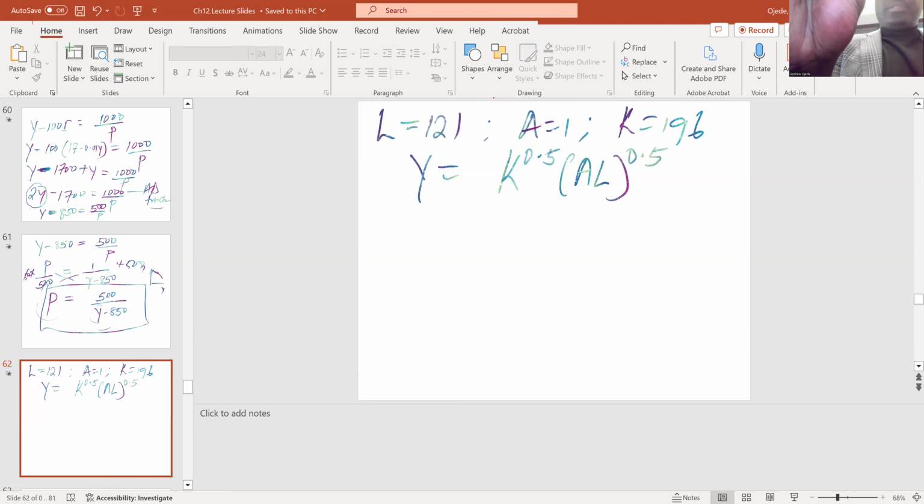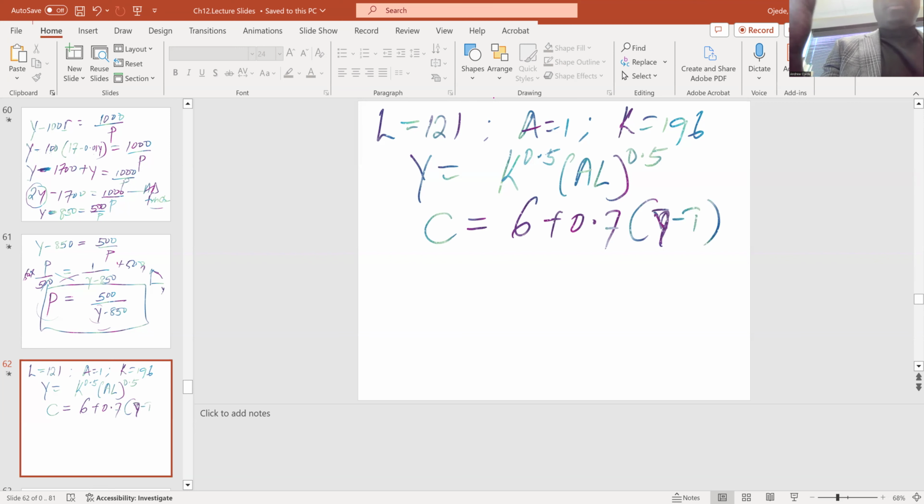Then I gave you the consumption function, given as 6 plus 0.7 into Y minus T. Oh, sorry, Y without a bar. It's T that has a bar. The investment function is given as 50 minus 200R.